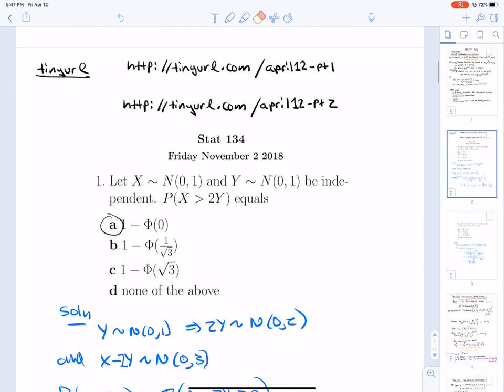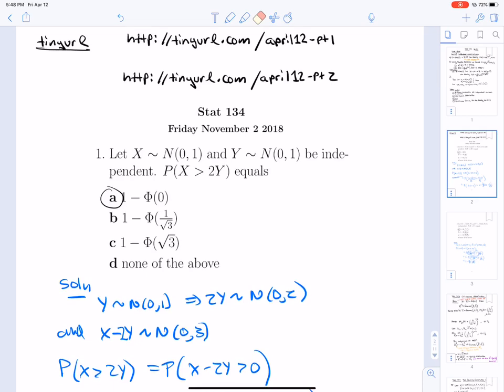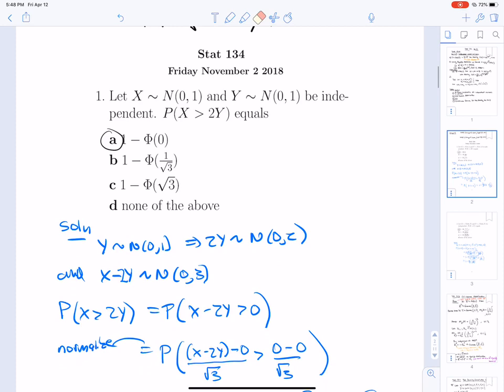So we start with a concept test. If X is standard normal and Y is standard normal independent, the probability that X is greater than 2Y was in fact 1 minus the CDF of 0.